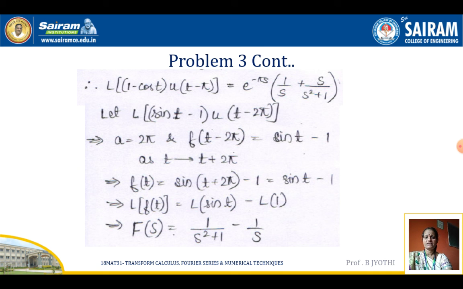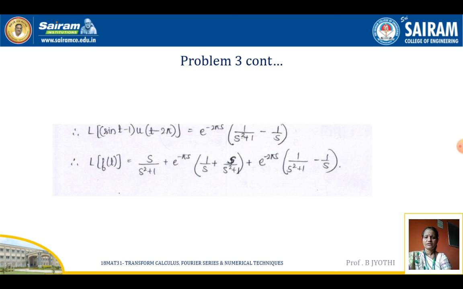So L of f of t is L of sin t minus L of 1, that is 1 divided by s square plus 1 minus 1 by s. So therefore L of sin t minus 1 into u of t minus 2 pi is equal to e power minus 2 pi s into 1 upon s square plus 1 minus 1 upon s.